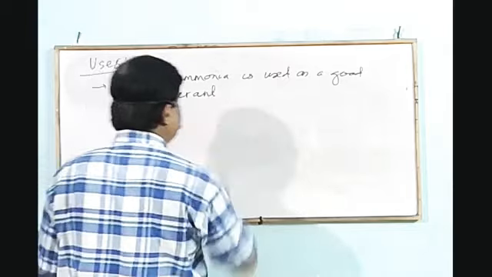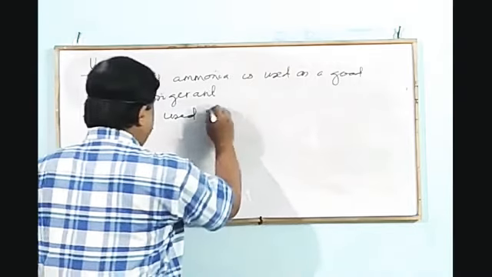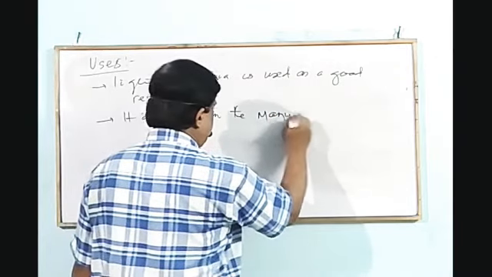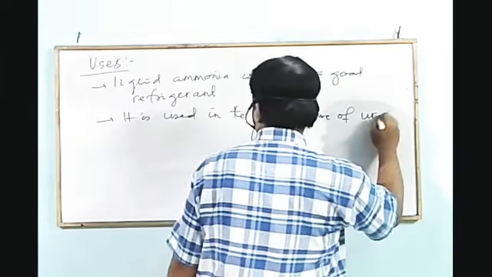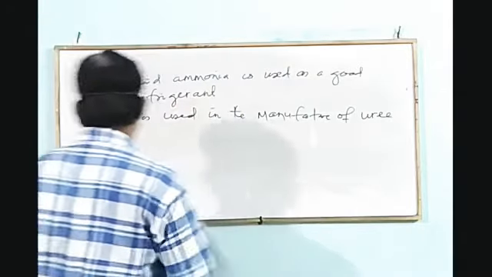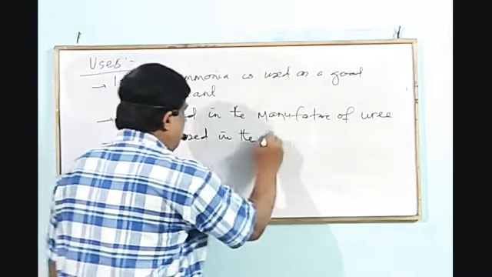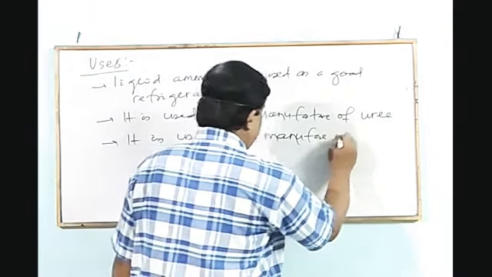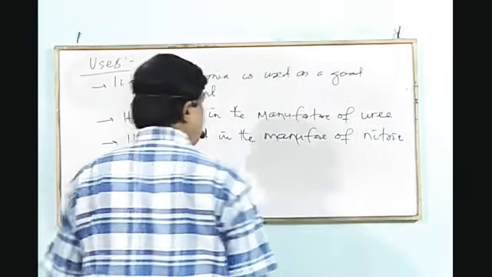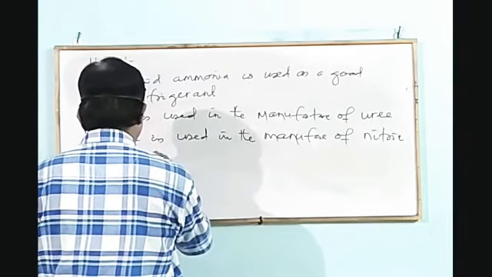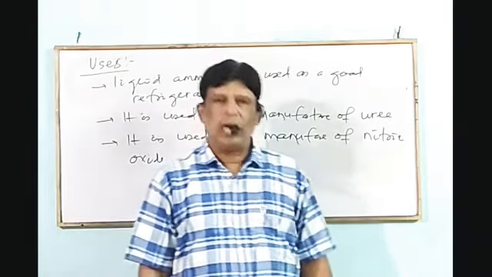It is used in the manufacture of urea. Next, it is used in the manufacture of nitric oxide. These are some uses of ammonia.